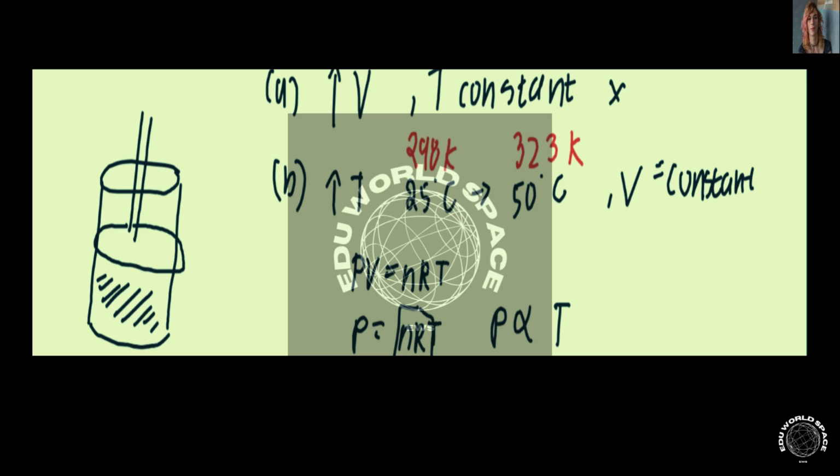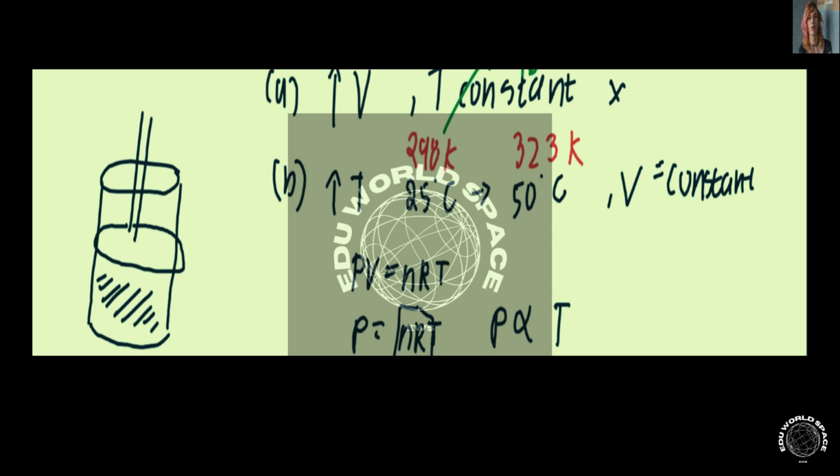We see that we're increasing our temperature, but not by double its amount, right? Because if we were to double our temperature, it would be 2 times 298, giving me 596 Kelvin.